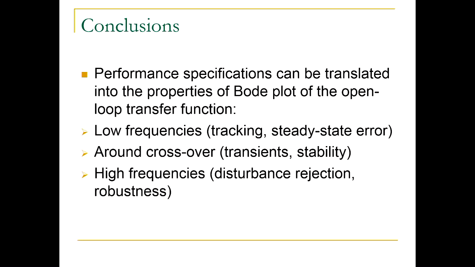Around crossover frequency, transients, in other words rise time and overshoot, and also stability, are related to it. By the way, the phase margin is a measure of robustness, so robustness is also captured by what happens around crossover frequency. And for high frequency, we have disturbance rejection and robustness.